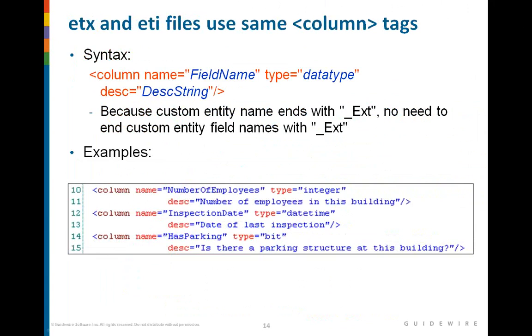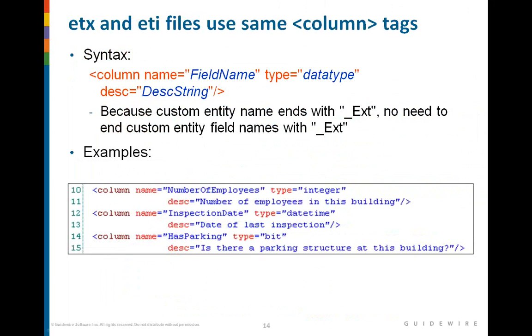And coming to ETX and ETA files, they use the same column tags. There are some extensions to the entities, which I will explain. The column tags are the same for ETX and ETA. The syntax is column name equal to field name, type equal to data type, and description equal to description string.